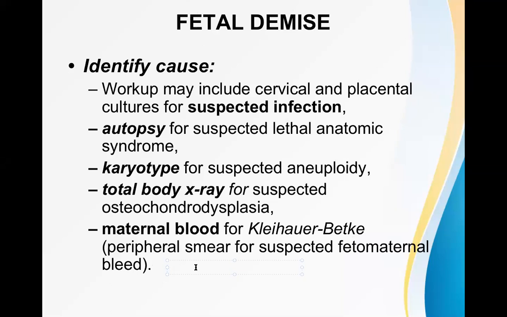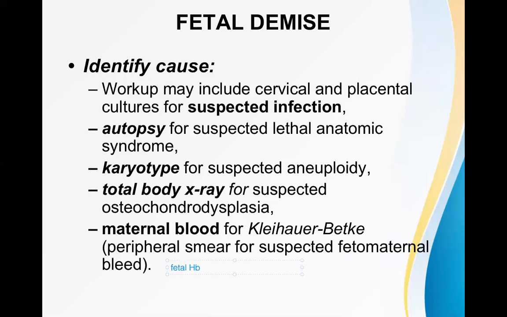Now this Kleihauer-Betke stain is done in the maternal blood to find out fetal RBC, or fetal hemoglobin, you say. So if fetal hemoglobin is present in the maternal blood, and if we put acid on that blood, fetal RBCs or hemoglobin will resist the reaction with acid.